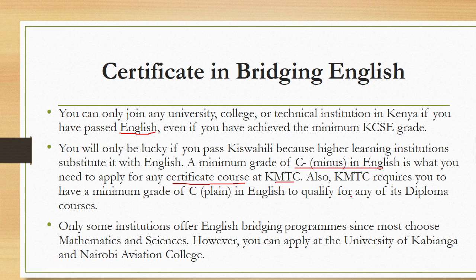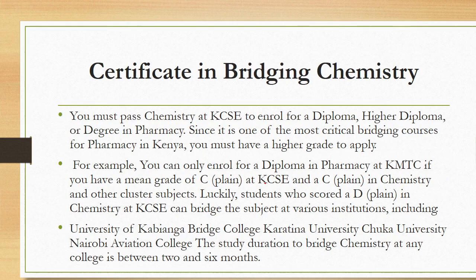KMTC will require you to even upgrade to have a minimum grade of C plain in English for you to pursue their diploma courses, right? So you need to bridge in English from these particular institutions, like Nairobi Aviation, University of Kabianga, right? They offer those particular bridging certificates.